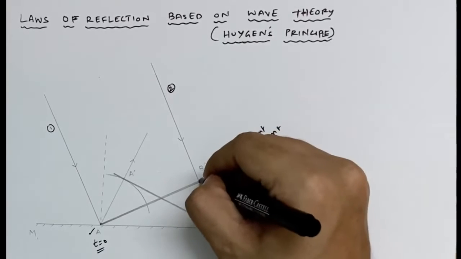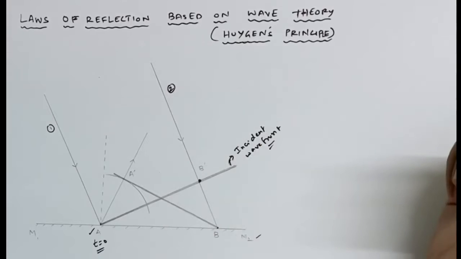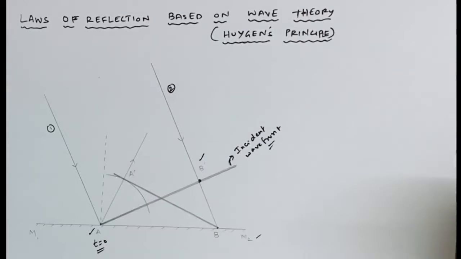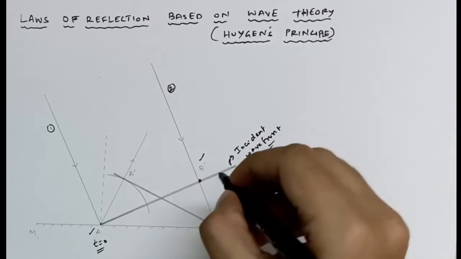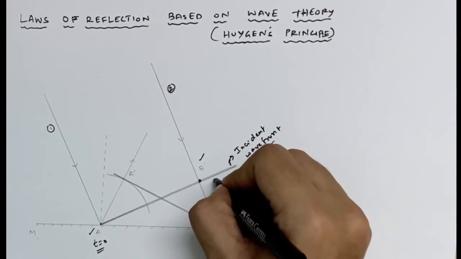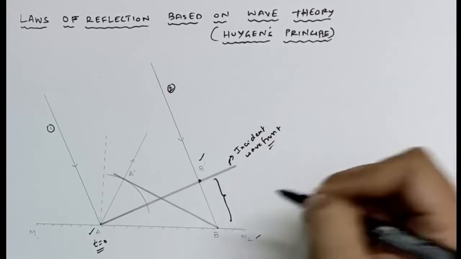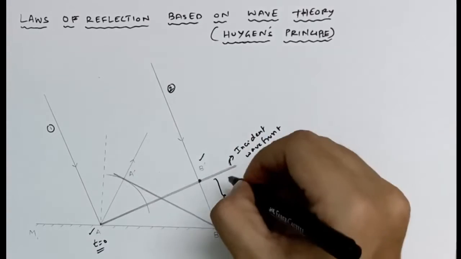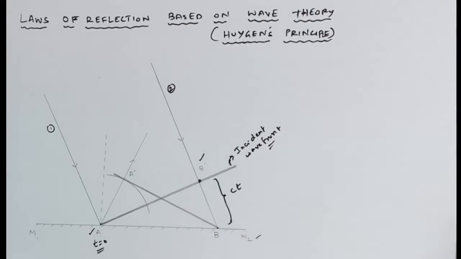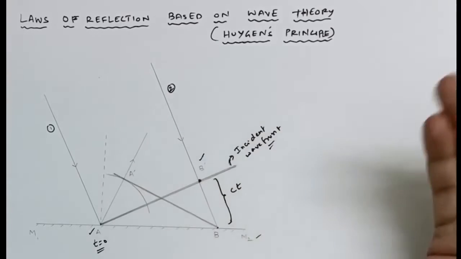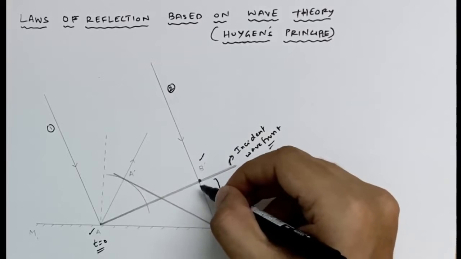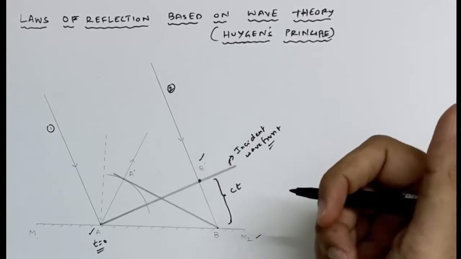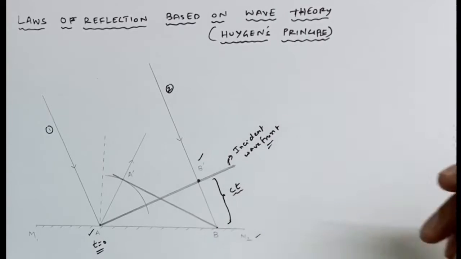With that incident wavefront, we could identify that the second ray was at point B dash by the time the first ray hit the surface at point A. In the next t seconds, the second ray would have travelled an extra distance B dash B, given by c into t, because distance is equal to speed into time.